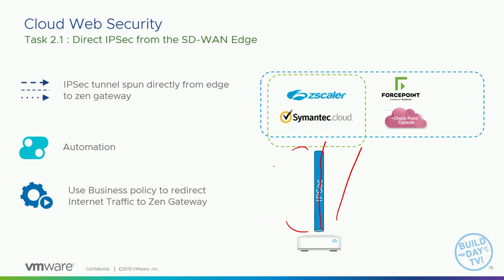So with this, what's the advantage we get here? I think the first key with the automation or with this direct IPsec is simplified configuration. At the same time, it saves link bandwidth cost by offloading the non-enterprise traffic to the internet.